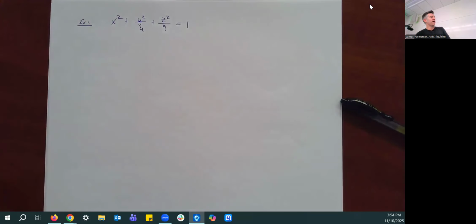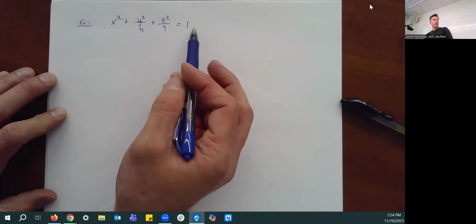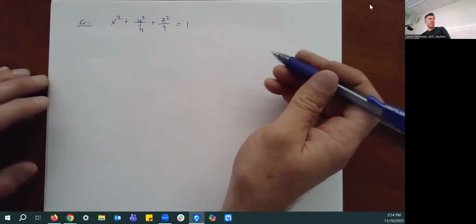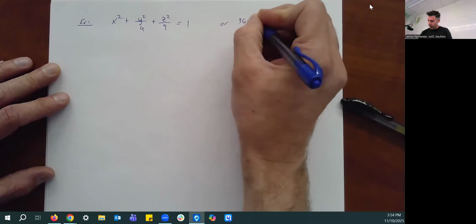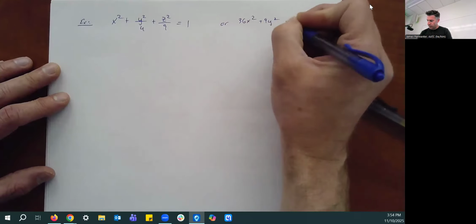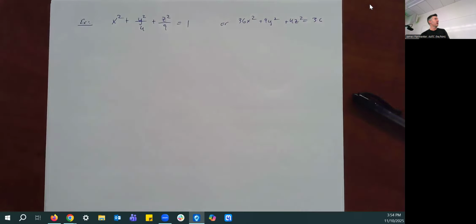The general way of writing the equation is having coefficients of x squared, y squared, and z squared all equal to 1. But you could totally multiply both sides by 36 and write it as 36x squared plus 9y squared plus 4z squared equal to 36. The hallmark of the ellipsoid is that x squared, y squared, z squared all have positive coefficients, whereas in the previous ones, one or two of the coefficients have been negative.